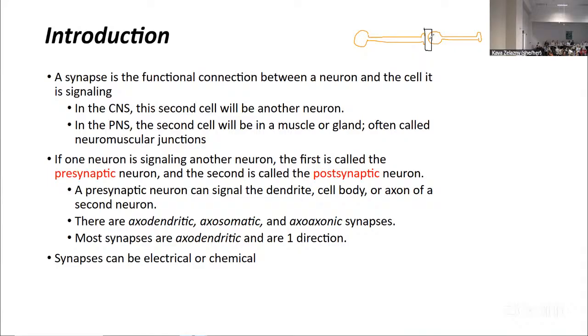So we'll see later on that sometimes this second cell will be like a muscle or a gland or something. But functionally, we're going to have this same sort of connection where we have a cell that's sending out a signal and a cell that's receiving a signal.